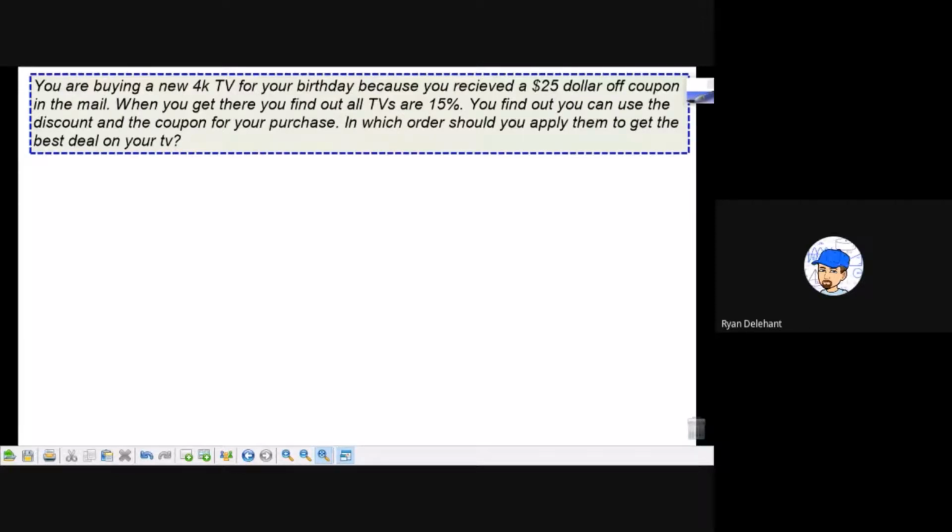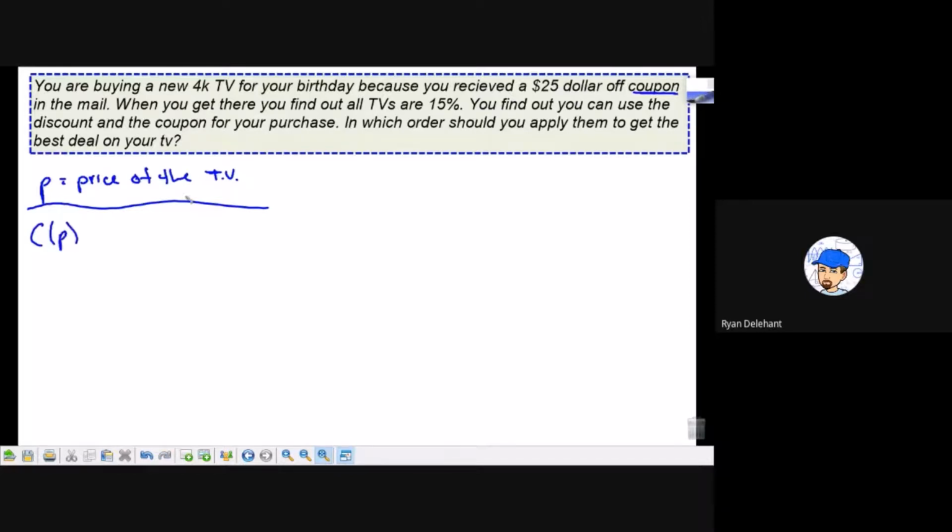So let's look at these things as functions, okay? Let's call P the price of the TV. And let's write two functions for this. We're going to write one for the coupon, so let's call it C of the price of our TV.